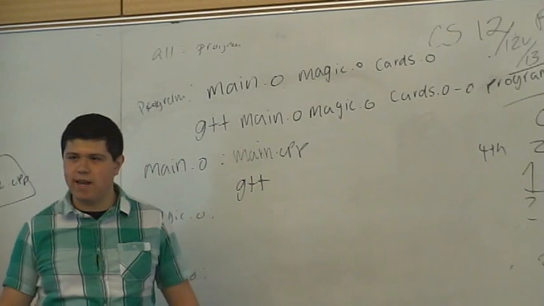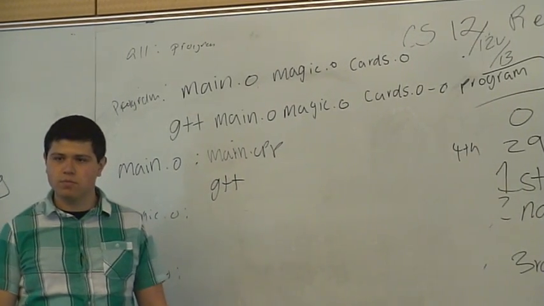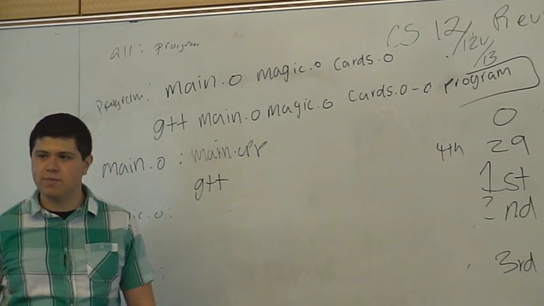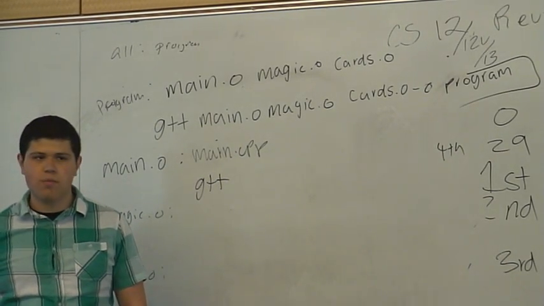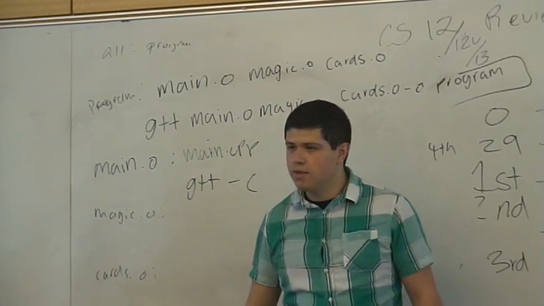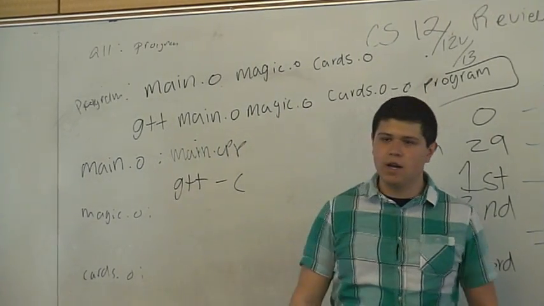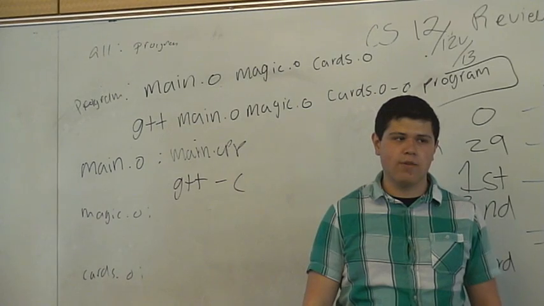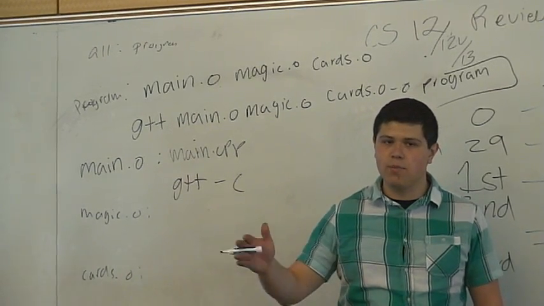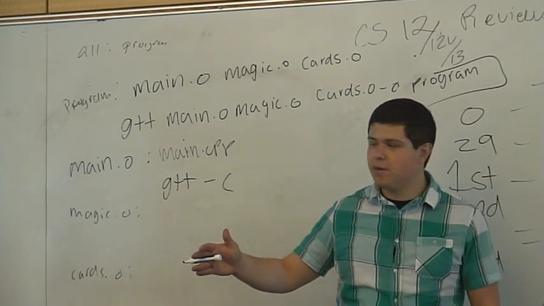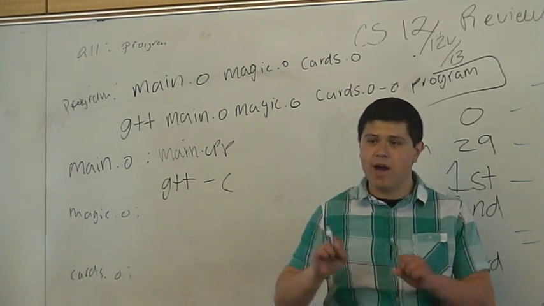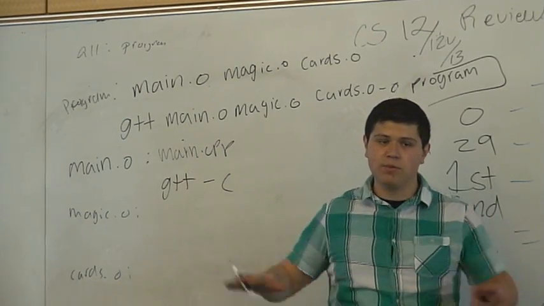And how do we create an object file? CPP, g++, and then there's a special flag, -c. -c means compile only, skip the linking phase. So when I usually call g++, and let's say I try to compile main.cpp, magic.cpp, and cards.cpp in one go, it's going to compile them separately, then link all of them together.